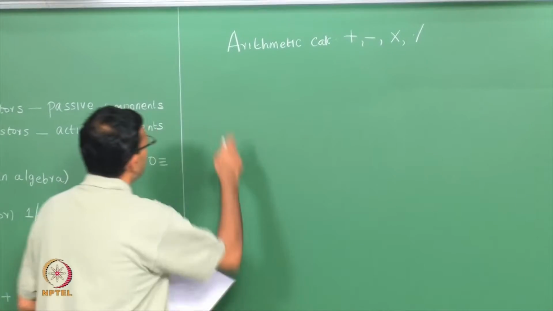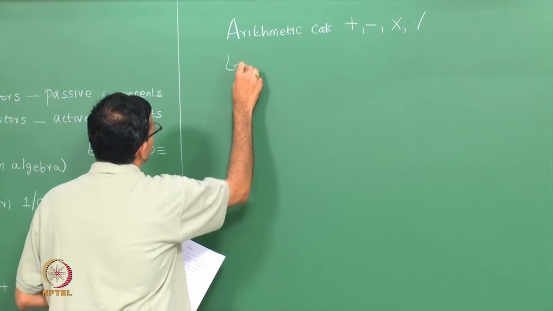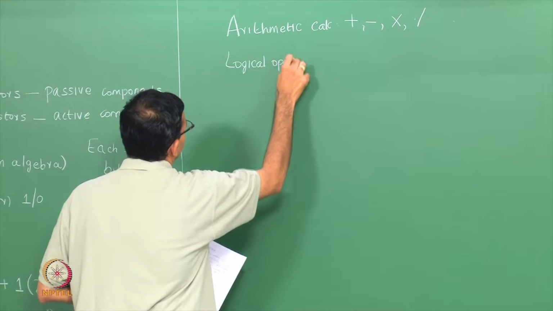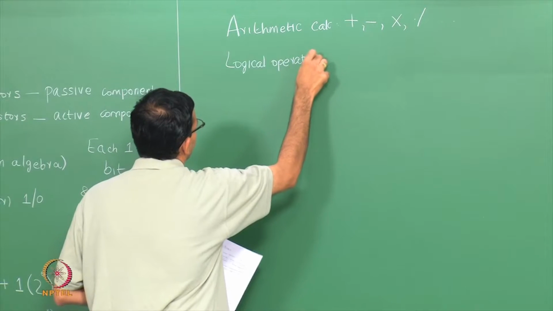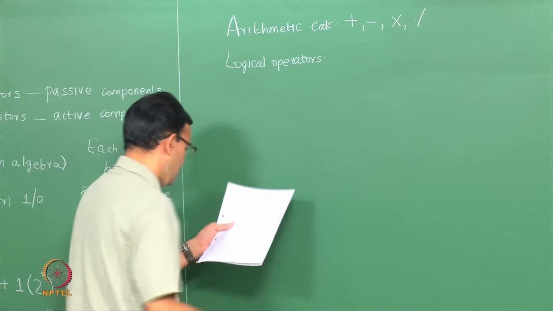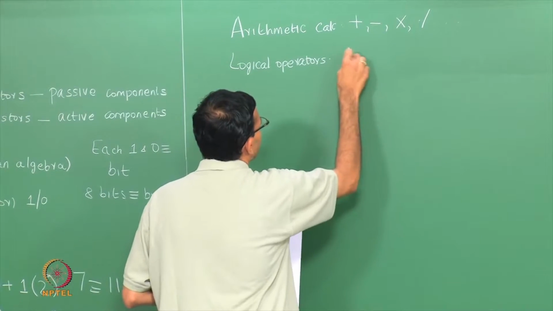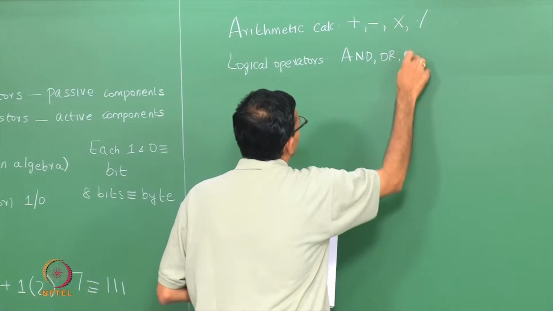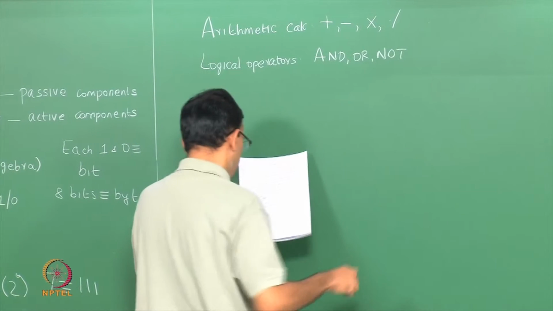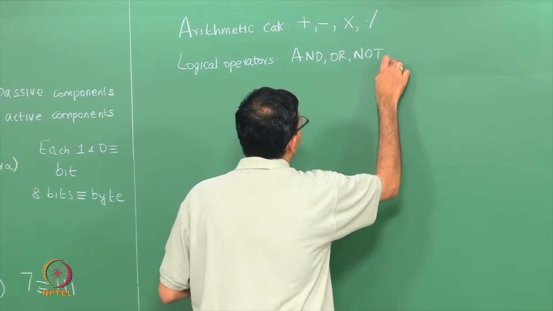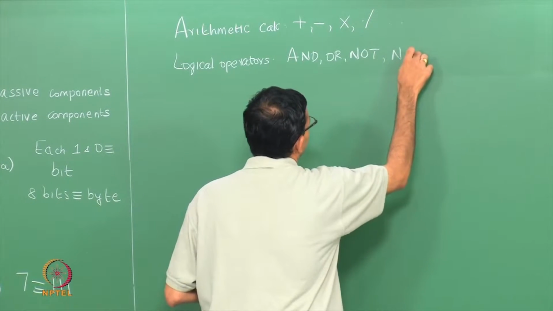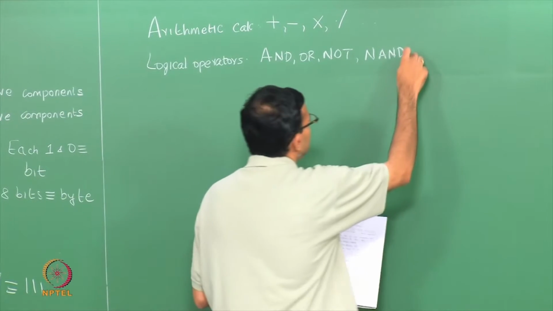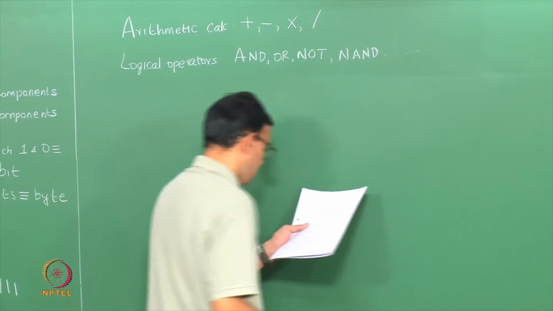You also have various logical operators. So, typical logical operators are AND gates, OR, NOT, and then variations like NAND, which is NOT and an AND gate, and so on.